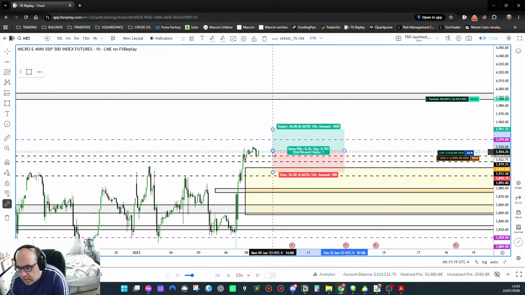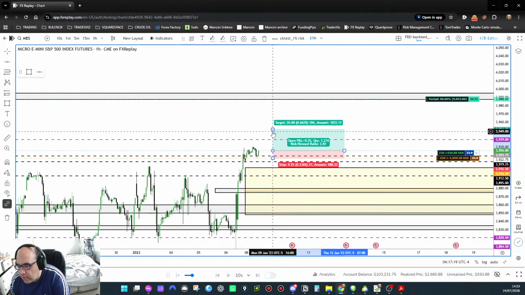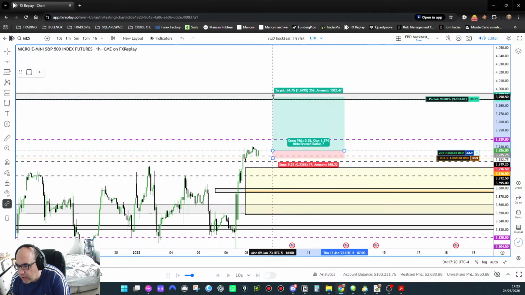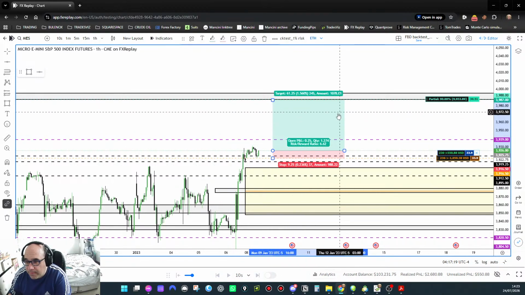Okay, let's say here, our stop loss is, where's our stop loss? 39.16.5. Okay, that's our stop loss, and that's our profits if we hit down there. Okay, that's ridiculous. That's 6R if we hit it.